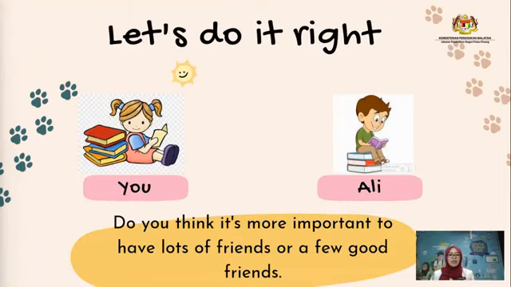So the idea here is to get the students to think of some possible answers to the questions that they are familiar with. Remember, teachers, all the topics covered in the textbook are topics that are familiar to the students. For example, you can try out this question with your students: do you think it's more important to have lots of friends or a few good friends?